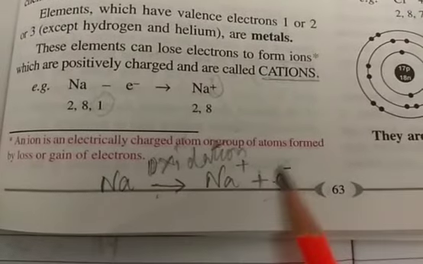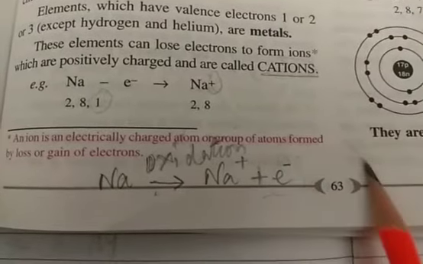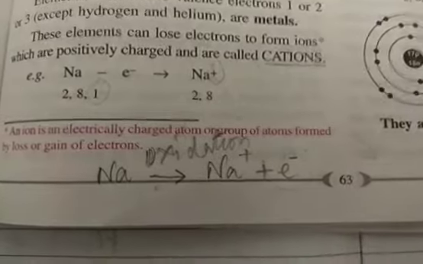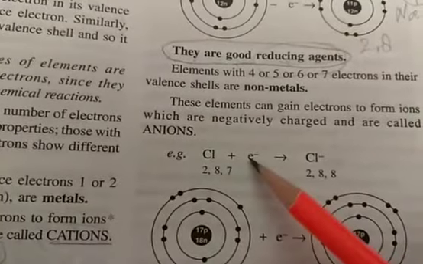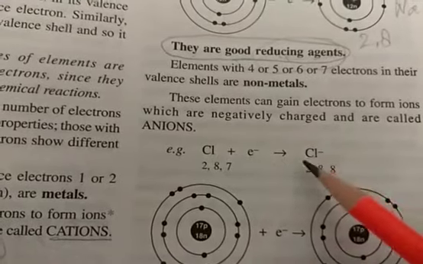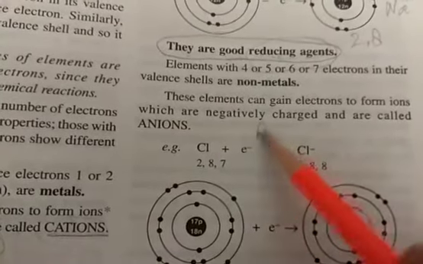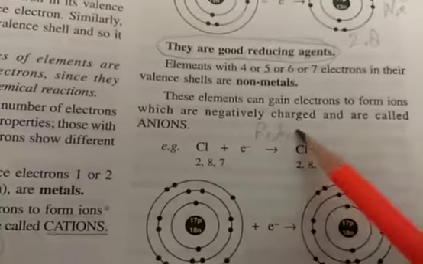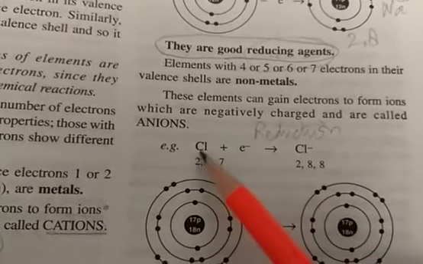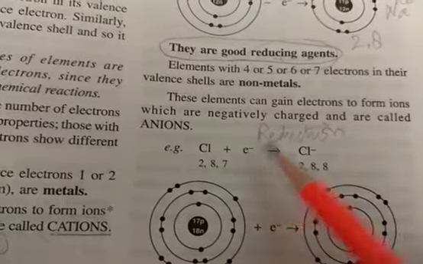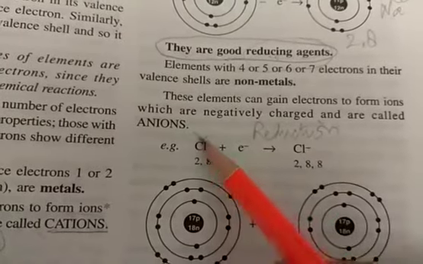Now this electron will be gained by some other element. For example, here you can see chlorine has gained that electron and becomes Cl minus, and this process is reduction. You know reduction means gaining of electron. So chlorine has gained this electron, so here reduction of chlorine has taken place.